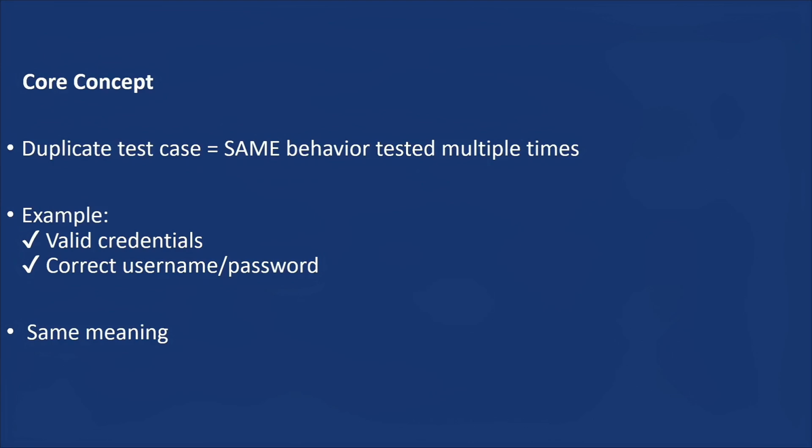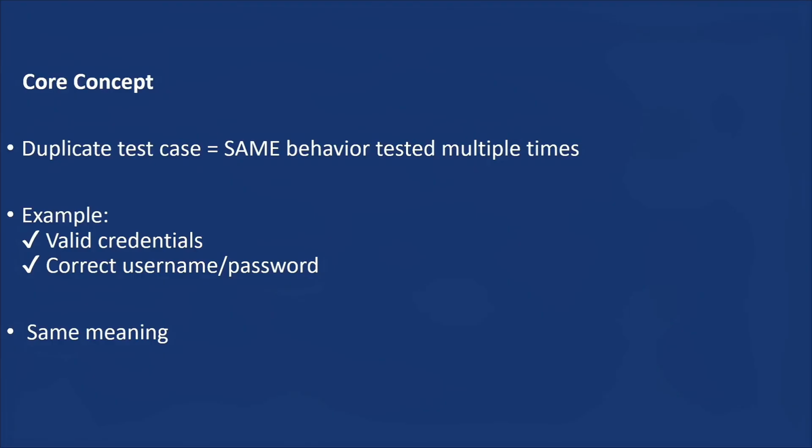Our core concept is first to understand that a duplicate test case is something that is testing the same behavior multiple times. For example, login with valid credentials, or login with correct username and password.